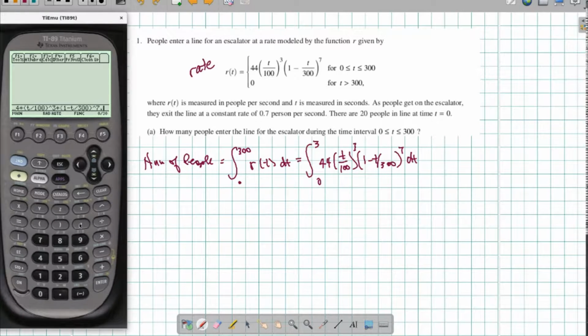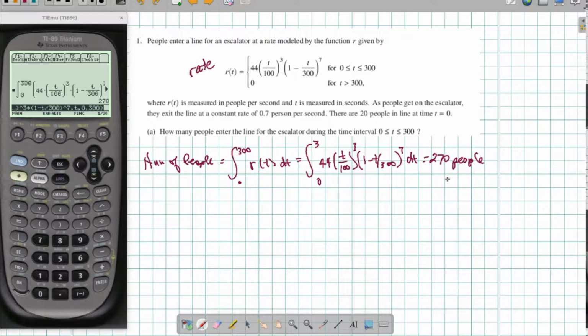So that's my function. I want to integrate with respect to t from 0 to 300 and figure out what the result is. And we get 270.